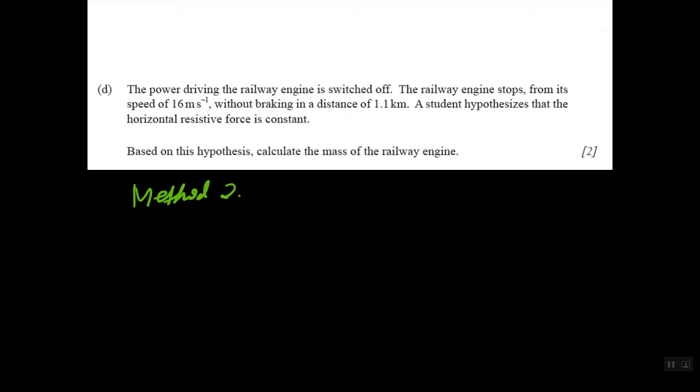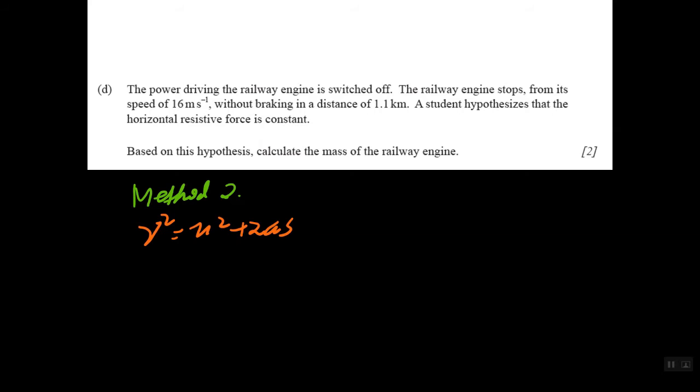So for method 2, we can use the kinematics equation. We don't know the time, so let's use the timeless formula. Final velocity squared equals initial velocity squared plus 2 times acceleration times the displacement. Finally, the railway engine stops, right?